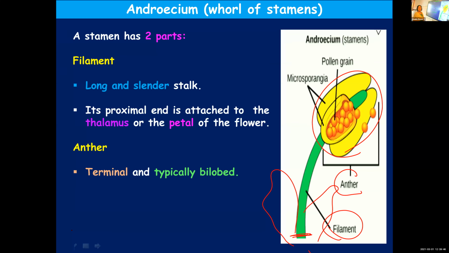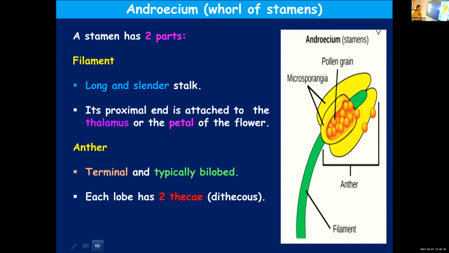Filament is a long and slender stalk-like structure and its proximal end is attached to the thalamus or the petal. Then comes anther. Anther is present at the tip of the filament and that is why it is mentioned it is terminal. You can find it at the terminal end of the filament, and generally it will have two lobes.